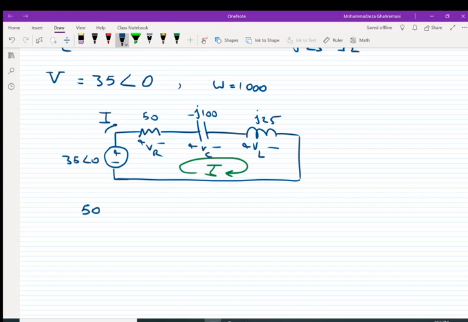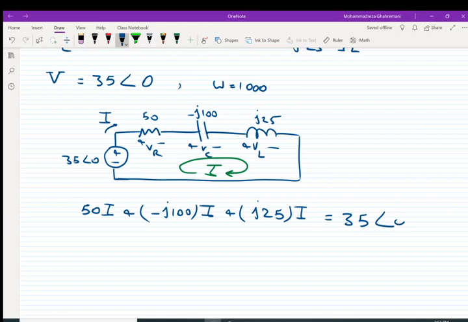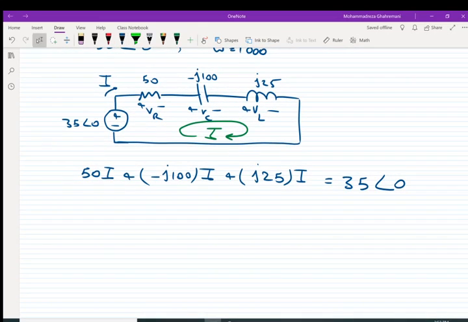So we say 50I plus minus j100I plus j25I is equal to 35 with the angle of 0. We factor out I, so it is (50 minus j75) times I, which is equal to 35 with the angle of 0.